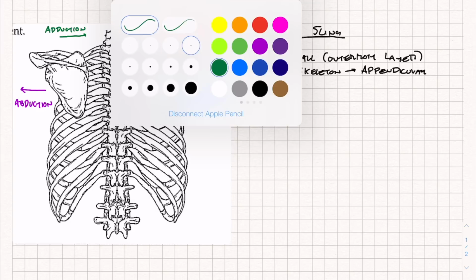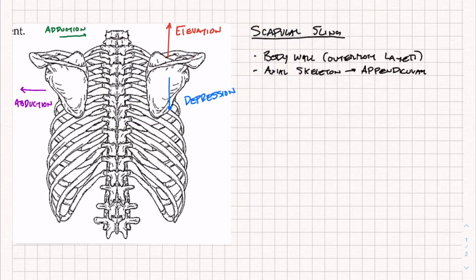Okay, a couple more actions. We can take the scapula, and we're referring to the glenoid fossa, the glenoid cavity, right here. If that goes like this, so the glenoid cavity points up, that's what we call upward rotation.